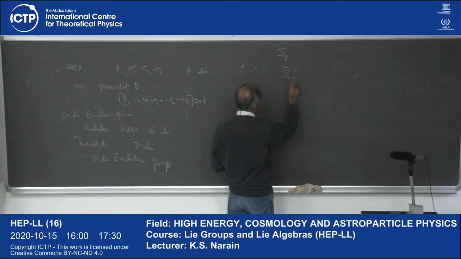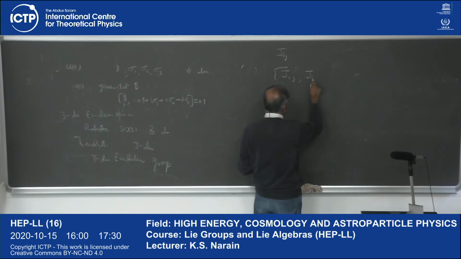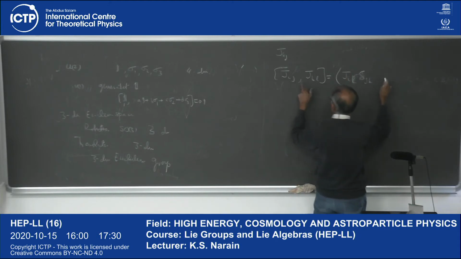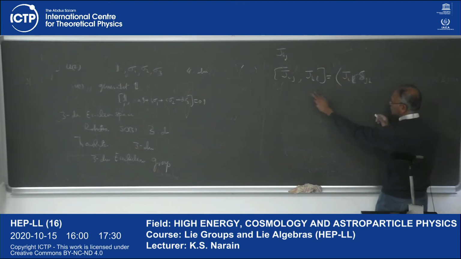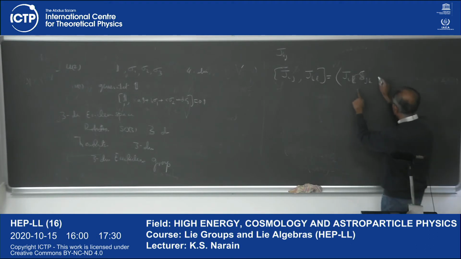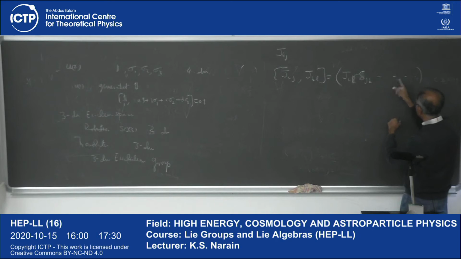So if I look at this algebra, Jij, Jkl, this is going to be, I'm not sure about the numbers and so on, but it's going to be basically like Jil delta jk plus, then you just antisymmetrize, because this is antisymmetric in ij, this is antisymmetric in kl. So there are 4 terms, 2 minus signs and 2 plus signs. You understand?